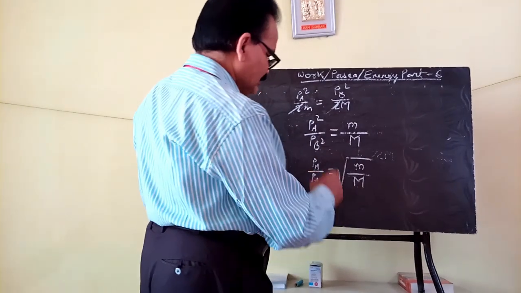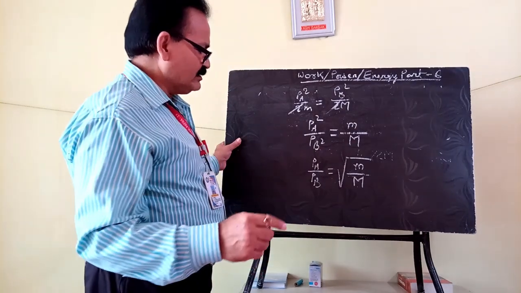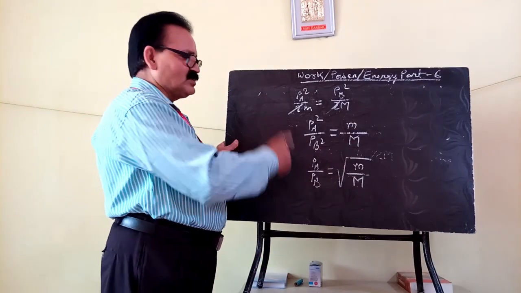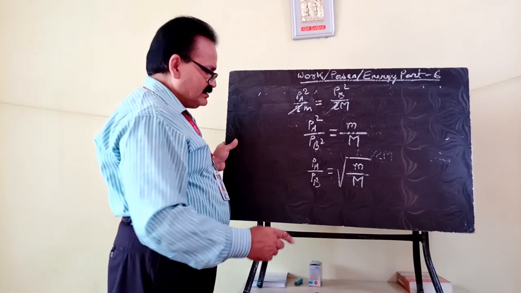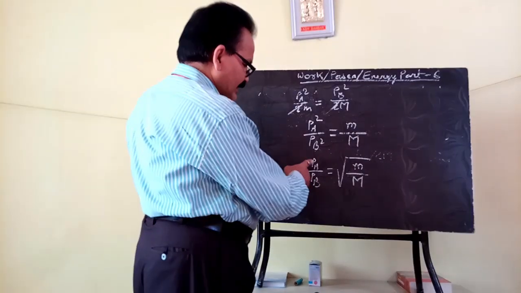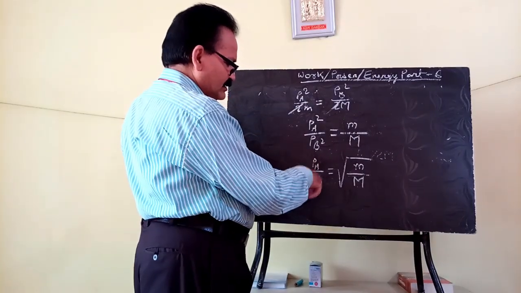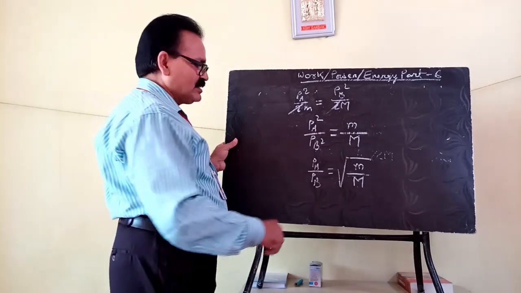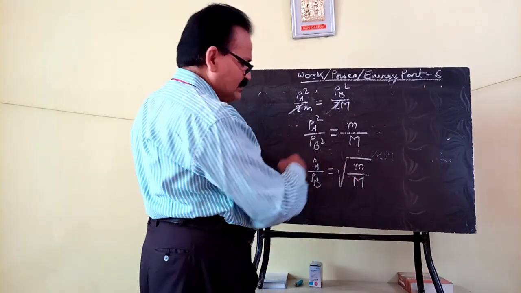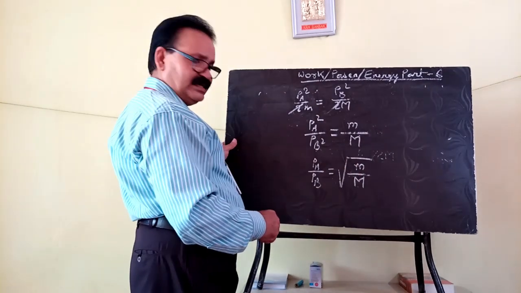Okay, that means when kinetic energy of both the bodies are same, then the ratio of their momentum is directly proportional to the square root of their masses.